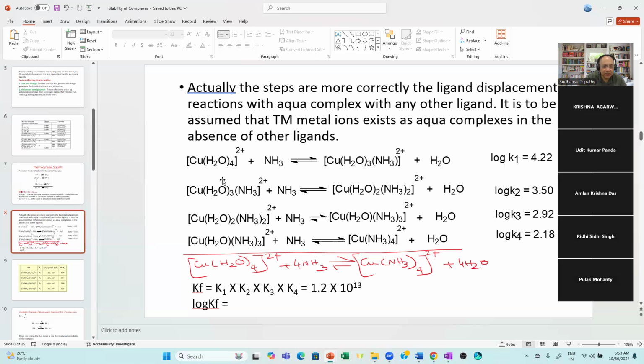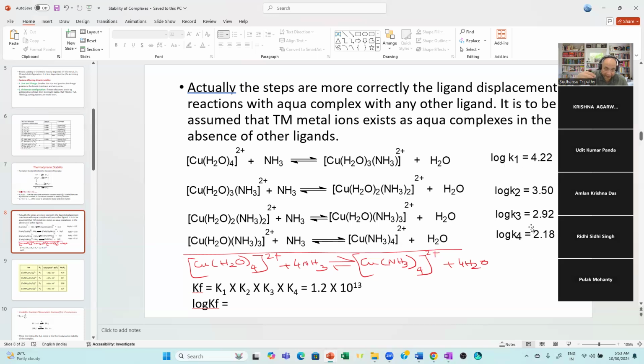Now see, this tetramine copper is a square planar complex, but when you prepare it, you can gradually find the different complexes. Triaquamine, and its formation constant, log K1 is 4.22, and then log K2, log K3, and finally all you can measure.